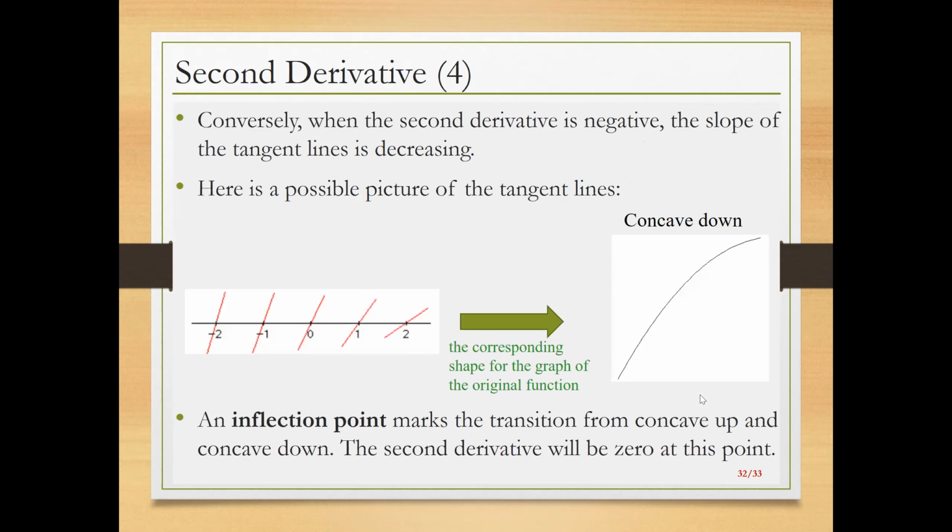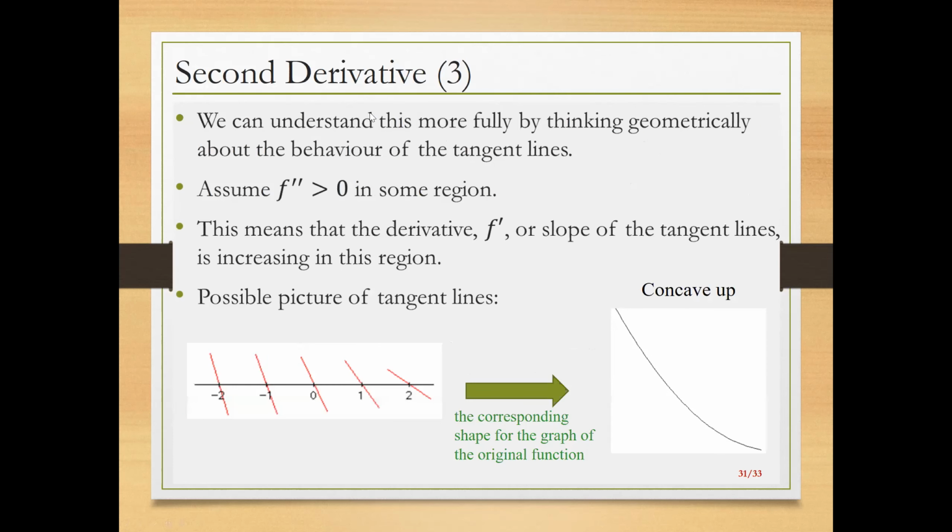Can you please clarify what those red lines mean? These red lines? Yes. Okay, do you know what a tangent is? Yes, I do. A tangent is a line that touches a curve at some single point. So I'm drawing the slopes of the tangents at these points.